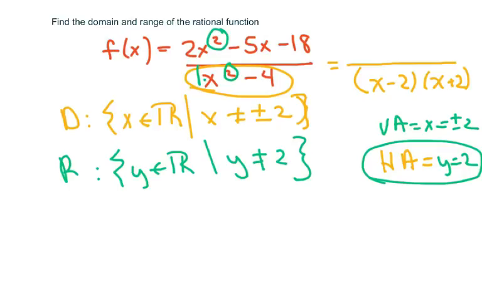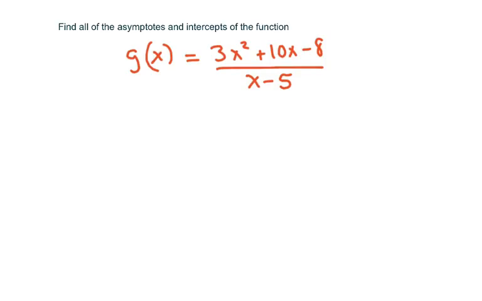So the next one, the same thing. The asymptotes. In this case, the degree in the numerator is bigger than the degree in the denominator.